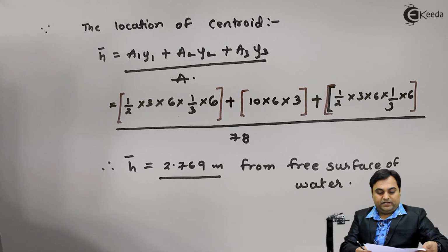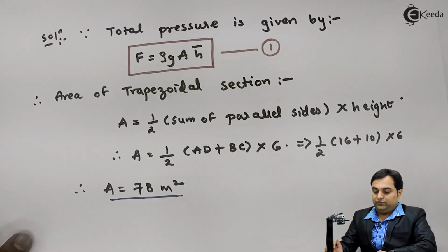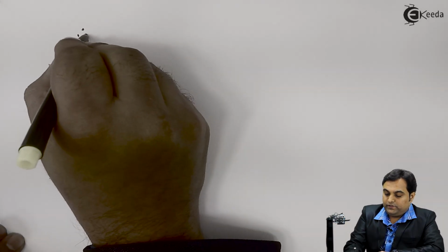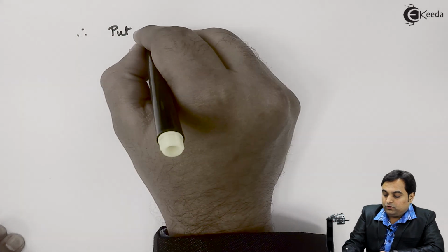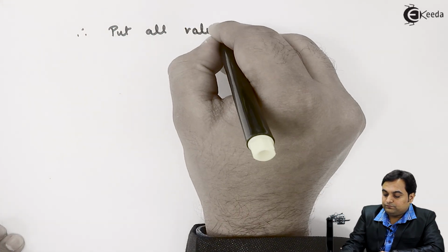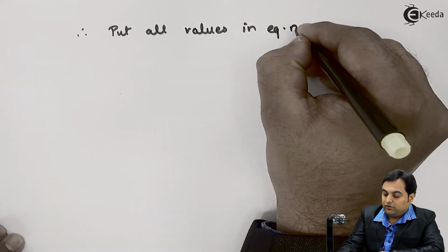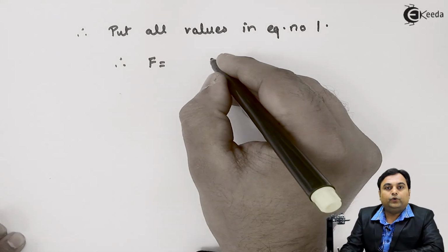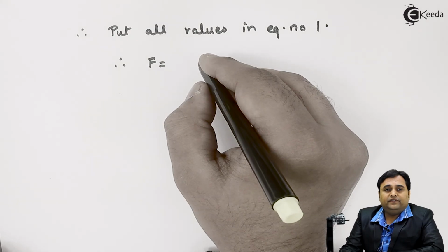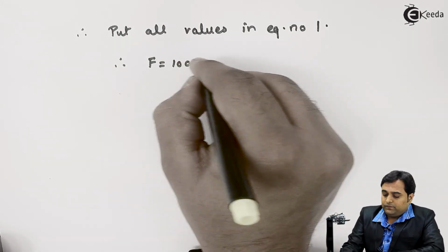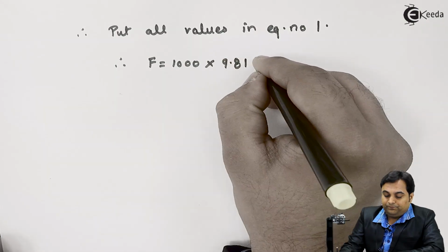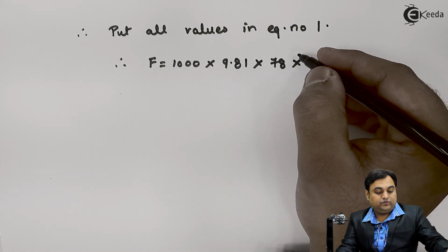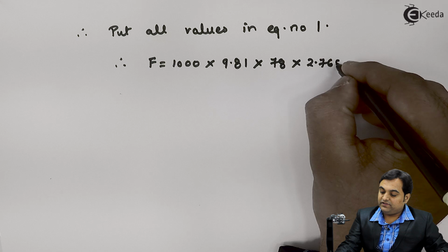Now once we know h bar, we can put all the values in equation number 1. Therefore, F is equal to rho, the density of water, which is 1000, into g, which is 9.81, area 78, and h bar we have calculated, it is 2.769.